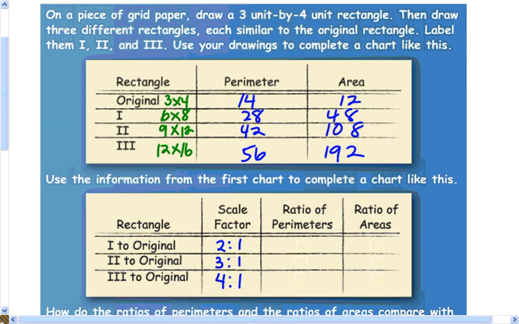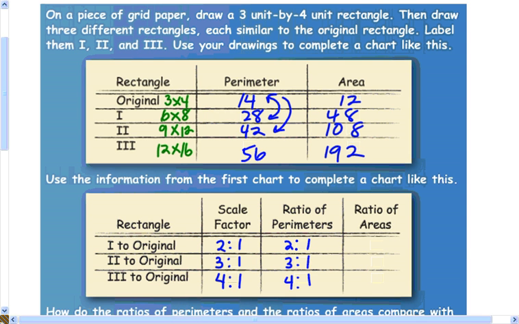The original one is 14, and the first one is 28. So the ratio is 28 to 14, which simplifies to 2 to 1. The second one, we go from 14 to 42. That's 3 times the perimeter, so that's 3 to 1. And the last one is 14 to 56, that's 4 times bigger, so that ratio is 4 to 1.